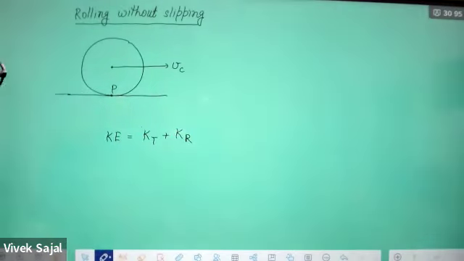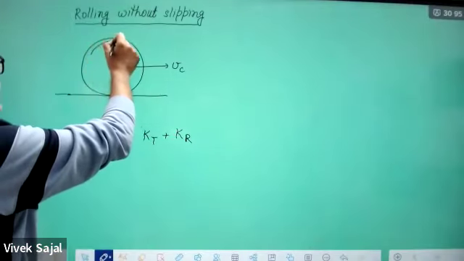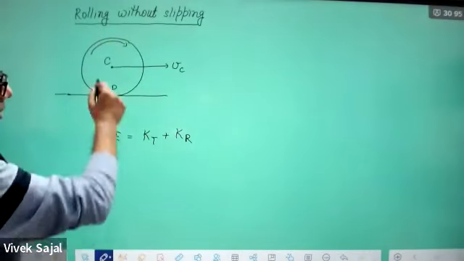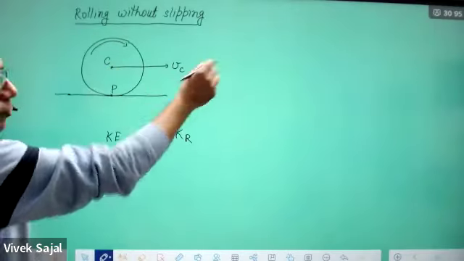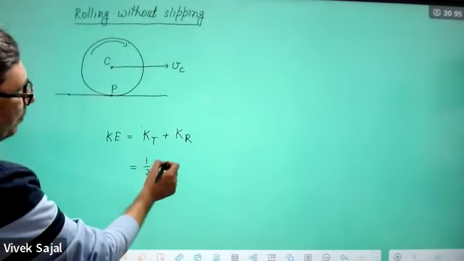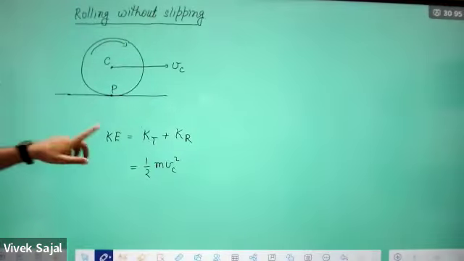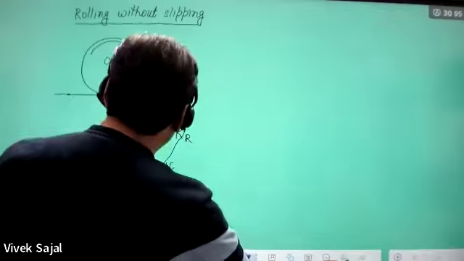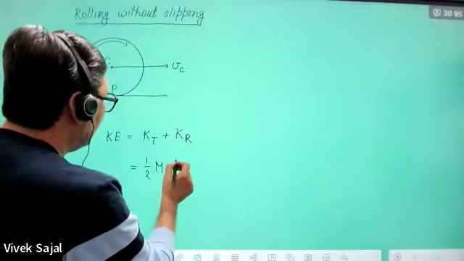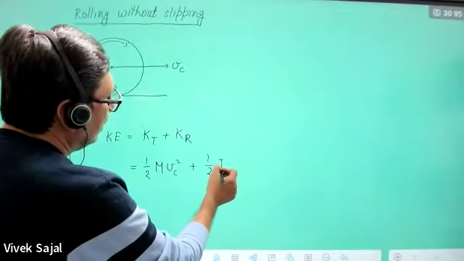energy. When you are writing like this, then you are considering the rotation of this object about point C. Okay, so here you are considering the rotation about C. Your center of mass is moving forward, so this will be 1 by 2 capital M Vc square plus 1 by 2 I about which point?